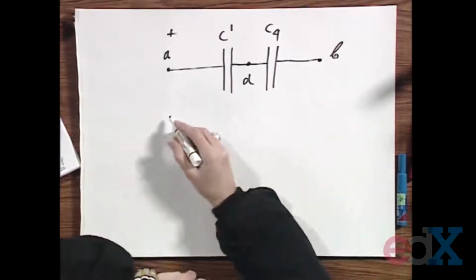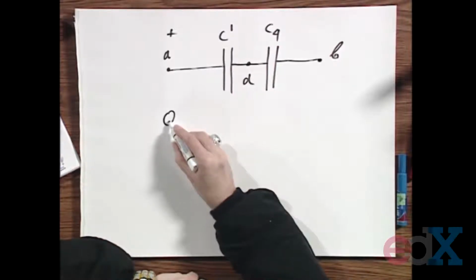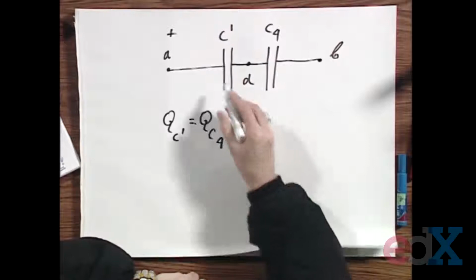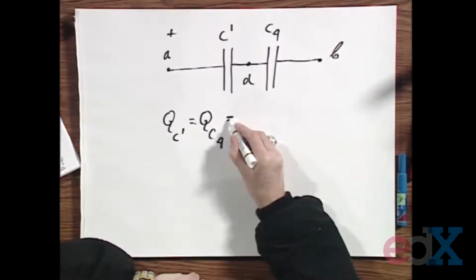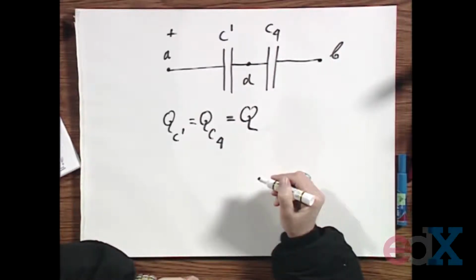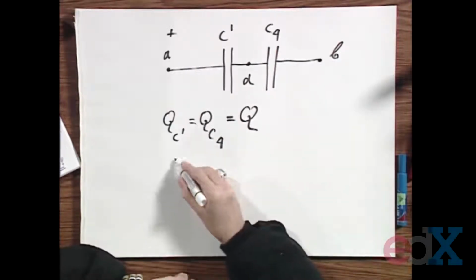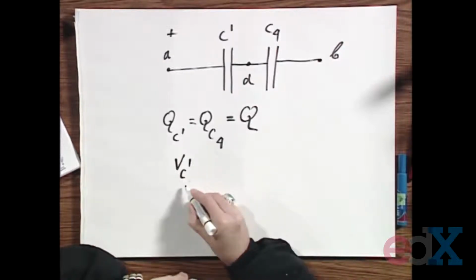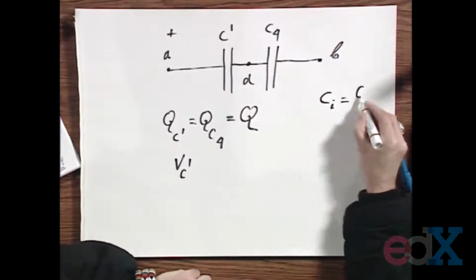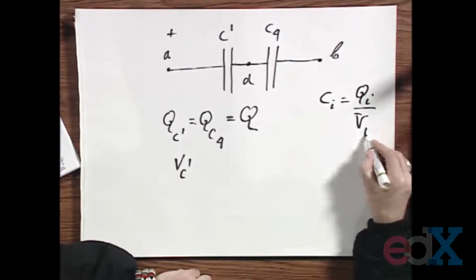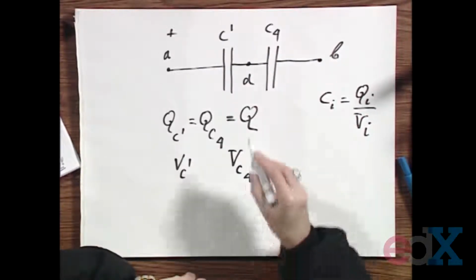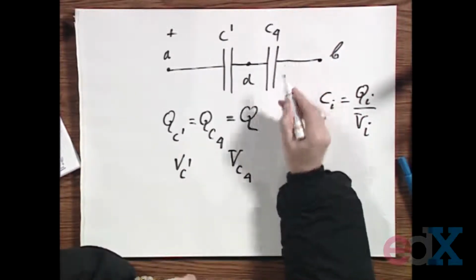And if you go back to my introduction, then the Q on C prime must be the Q on C4, two capacitors in series, and therefore I will call this Q. And so it's very easy to calculate for you now what VC prime is, the potential difference over here, because C of I equals Q of I divided by V of I, and it is also very easy for you to calculate what the potential difference is over number 4.